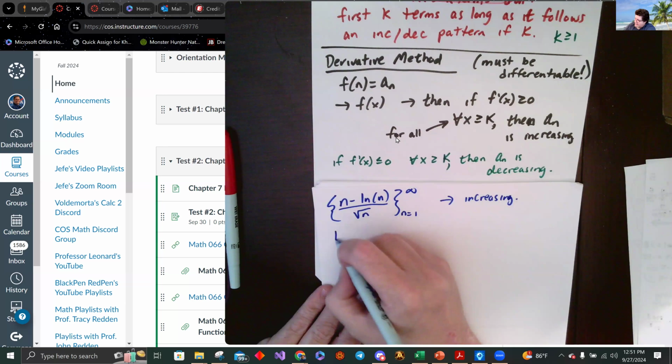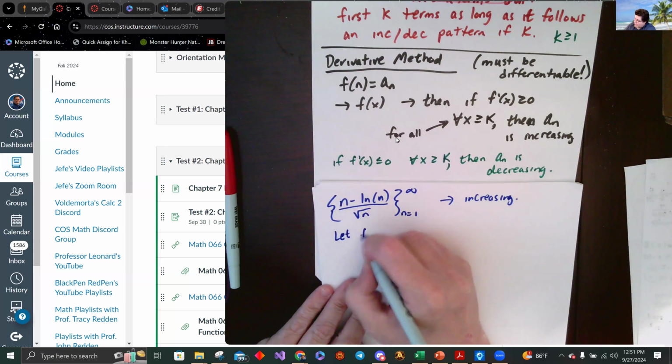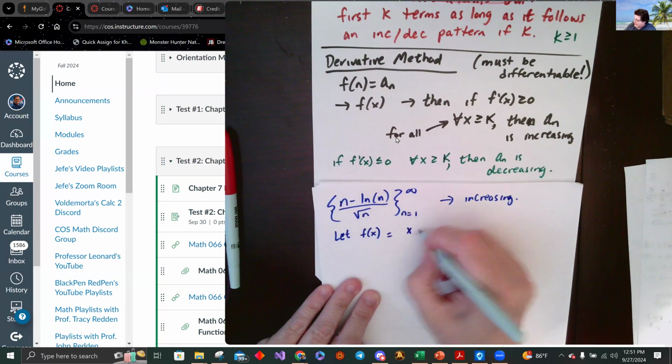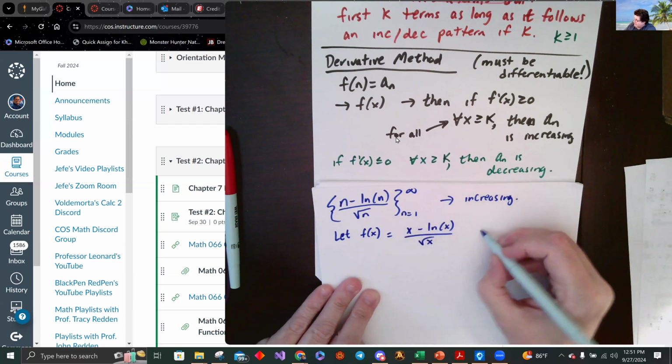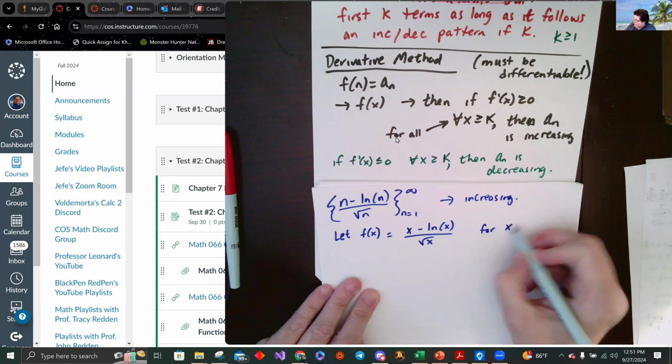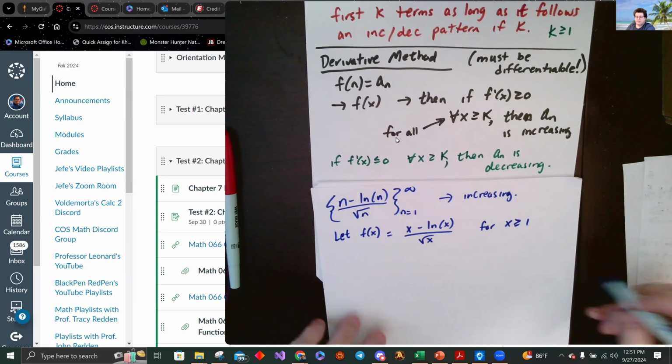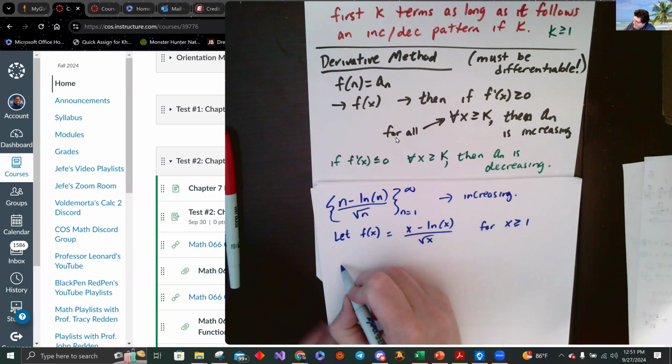So we'll start off saying that we're going to let f of x equal x minus the natural log of x over the square root of x for x greater than or equal to 1. All right, so now we'll do f prime of x.